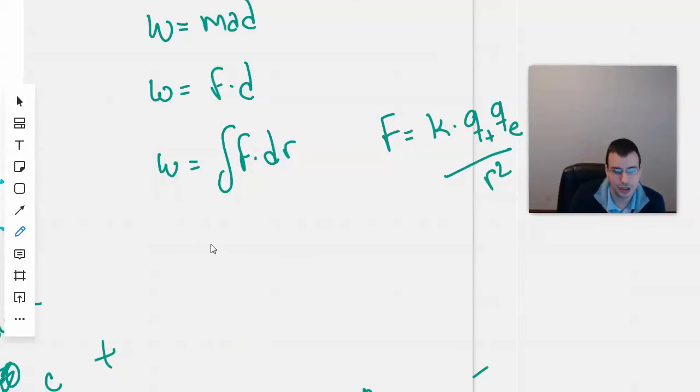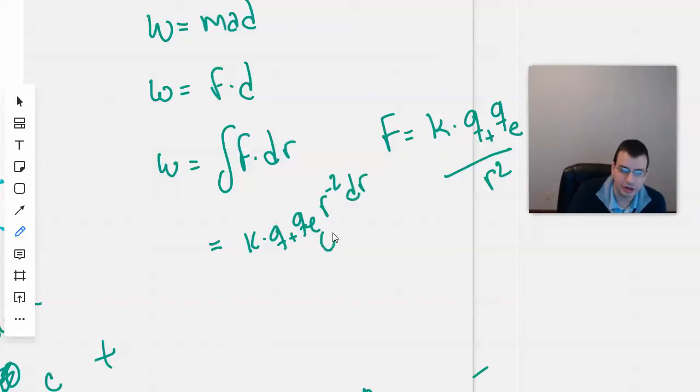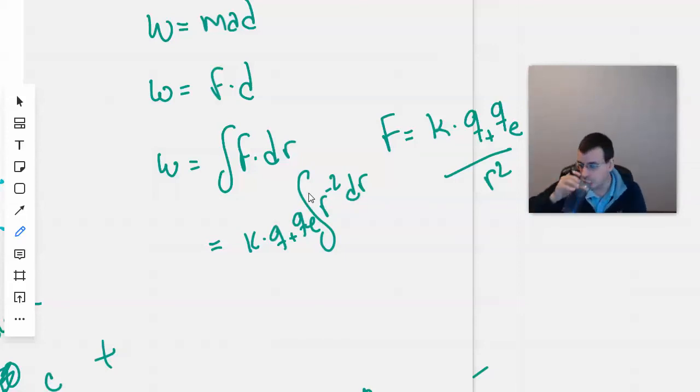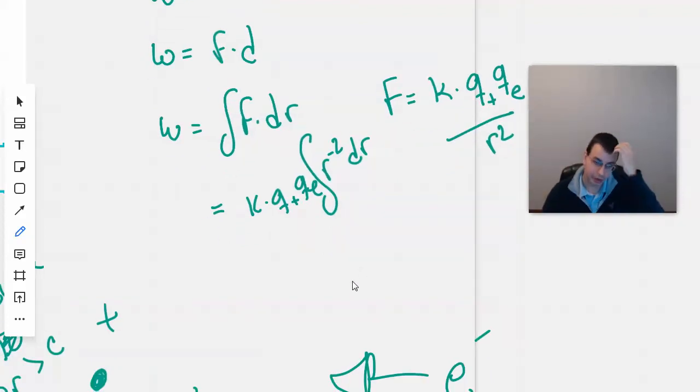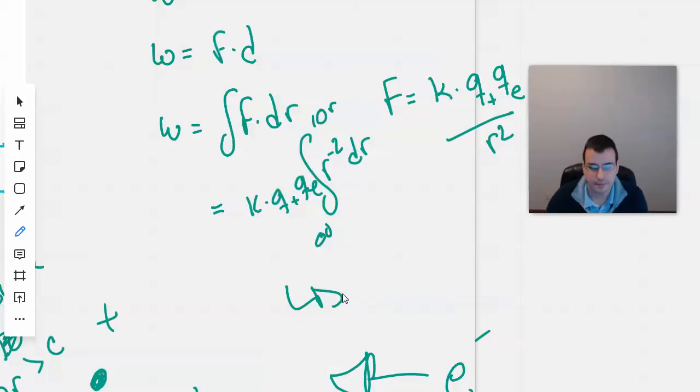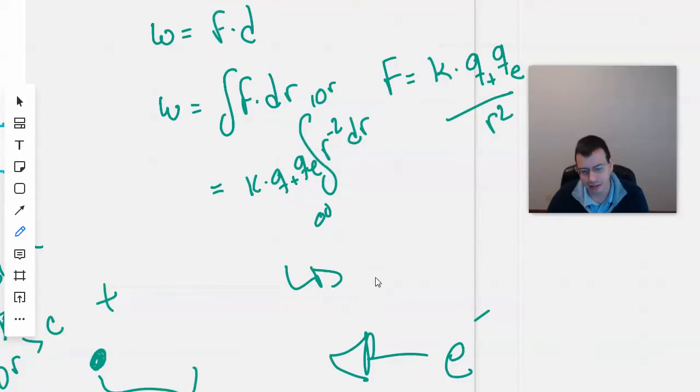So we can do this as K, Q plus, Q E, r to the negative 2, dr. And then I'm going to draw the integral symbol there, because I basically pulled out the constants. Then we're going to go from infinity to 10r. Yeah, that seems reasonable, I'm good with that for now.